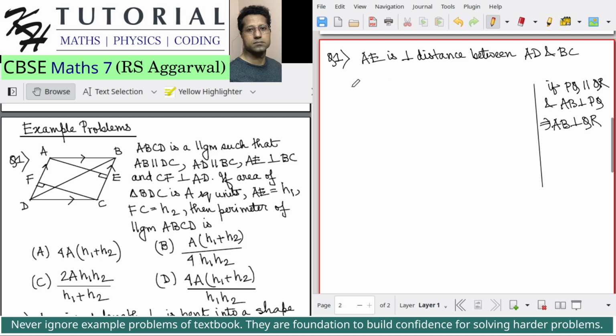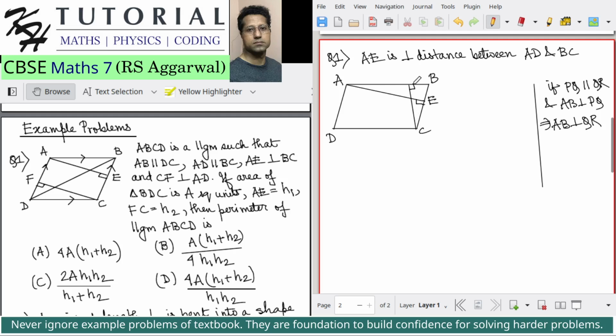So the diagram should be like this. We have the parallelogram ABCD, A, B, C, D. So we have AE perpendicular to BC, and CF like this.